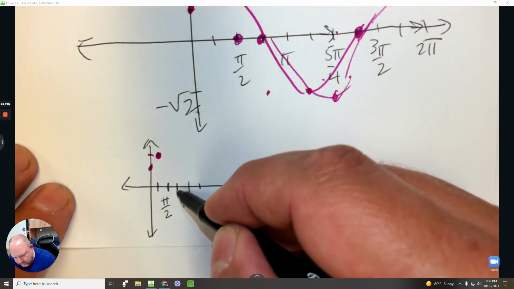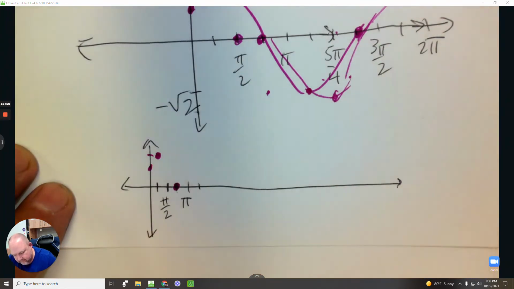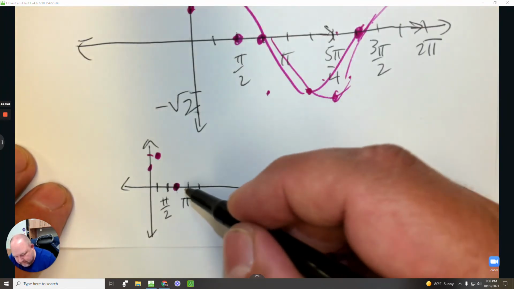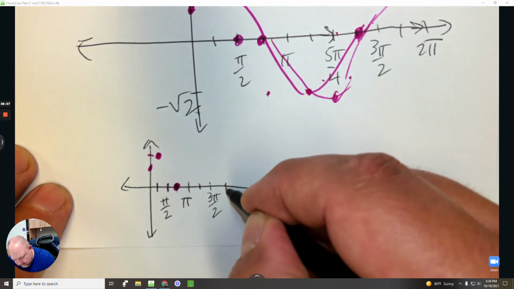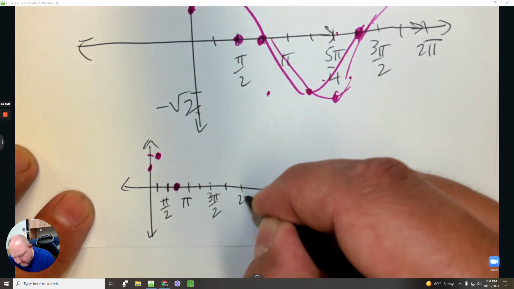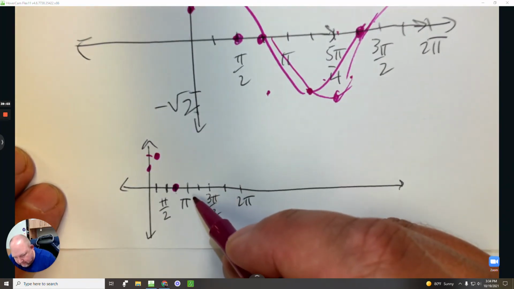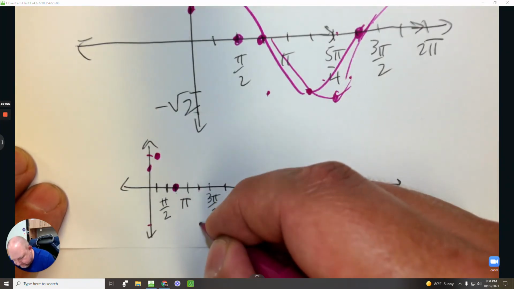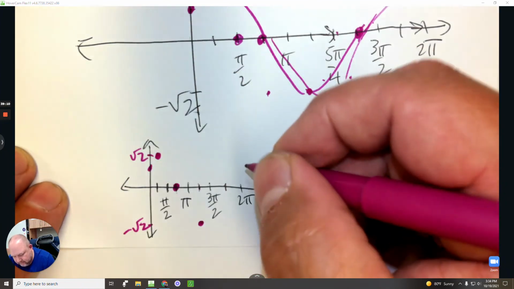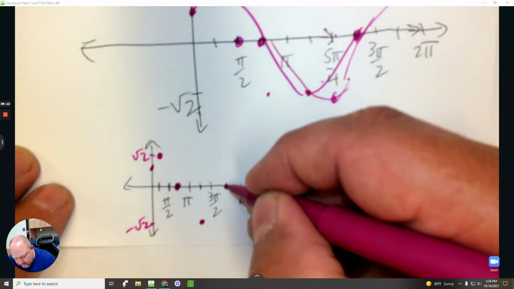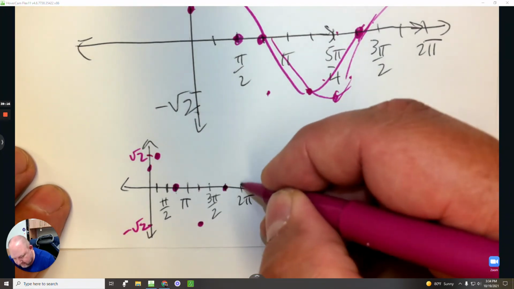At 3 pi over 4 is an x-intercept. Alright, I think I got it. Here at 5 pi over 4 is a minimum. This is root 2, and this is negative root 2. Here at 7 pi over 4 is a point of inflection, and then 2 pi.